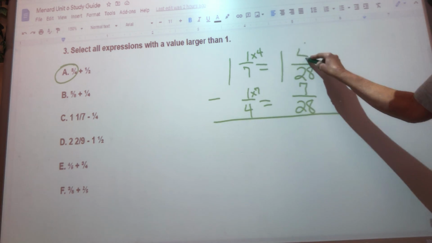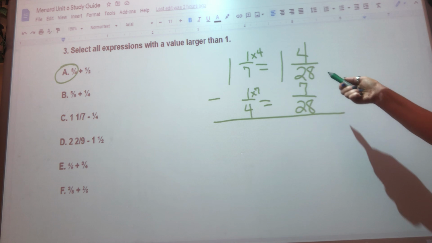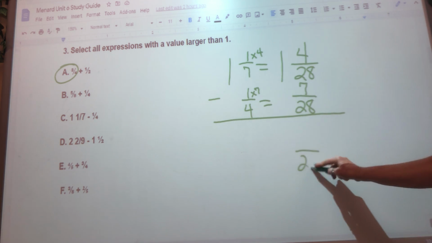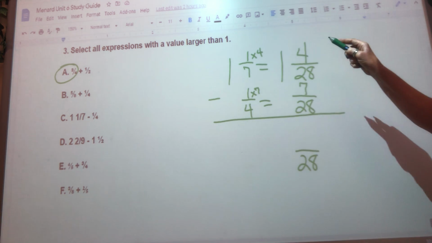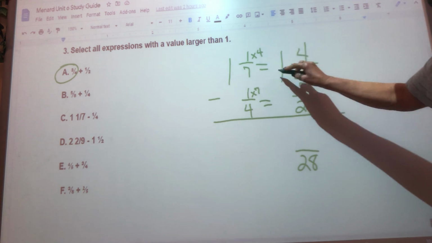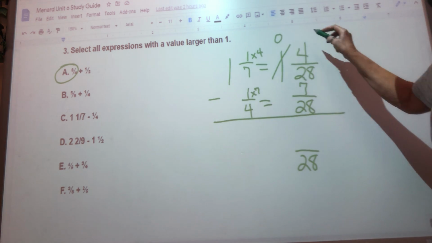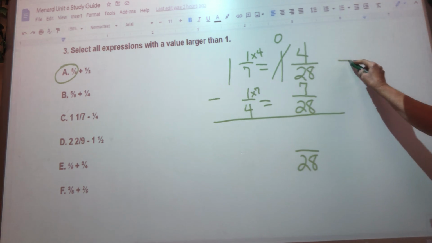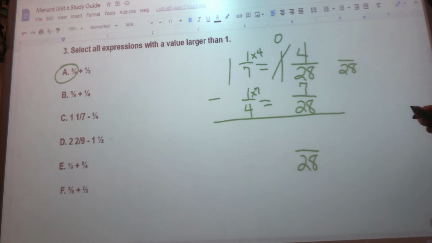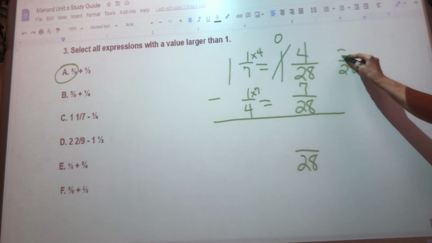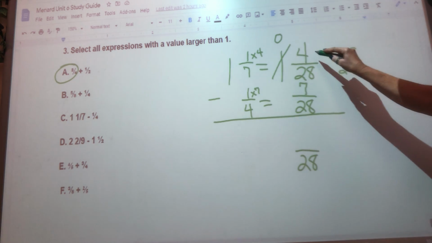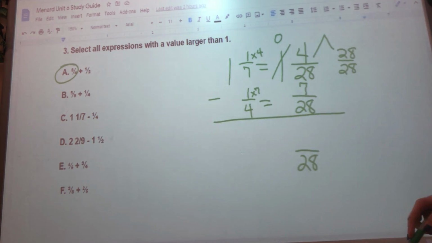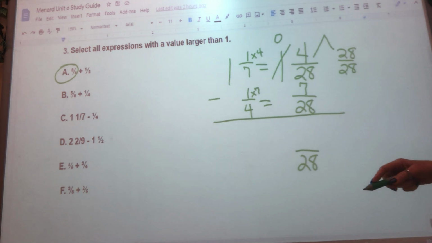4. Now, I'm subtracting. I can't take 7 from 4. So I'm going to have to borrow a whole one. If I had just borrowed a whole one, how many 28ths is that? 28 28ths. So now, altogether, how many do I have? 32.